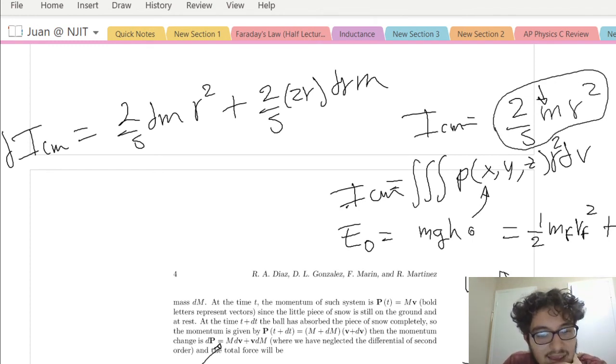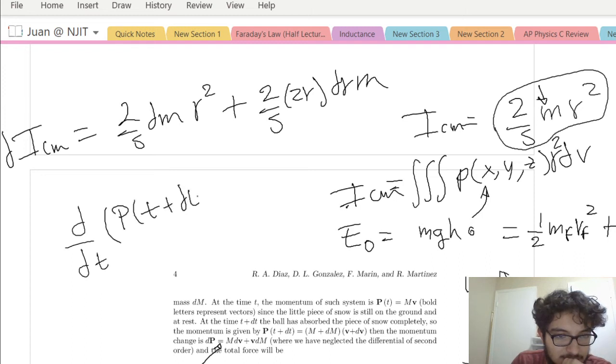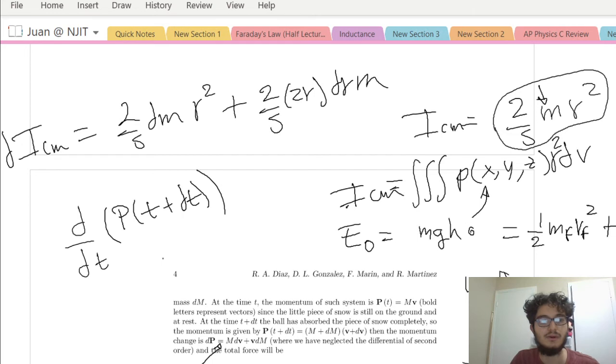I guess that's because if you take a derivative with respect to time of the momentum at t plus dt, in that case you have to do a chain rule.